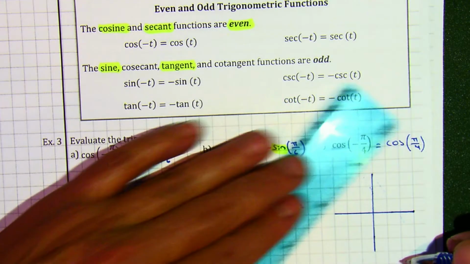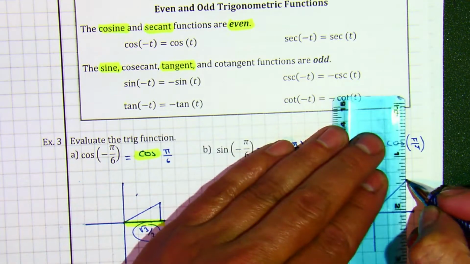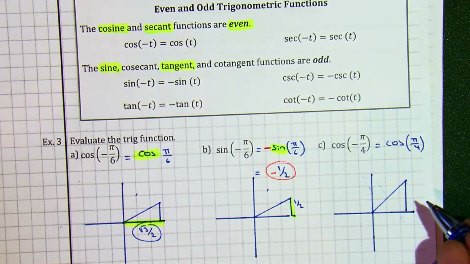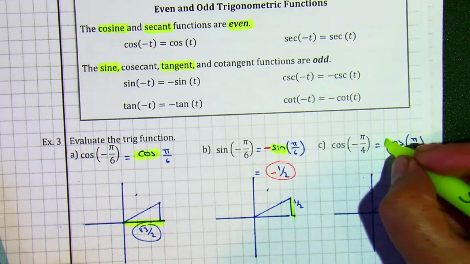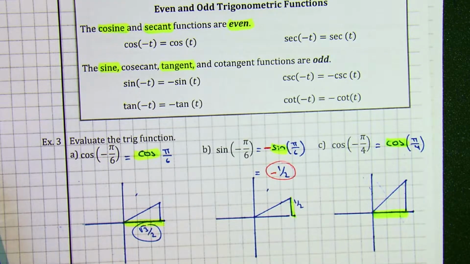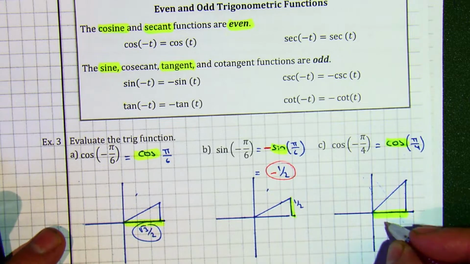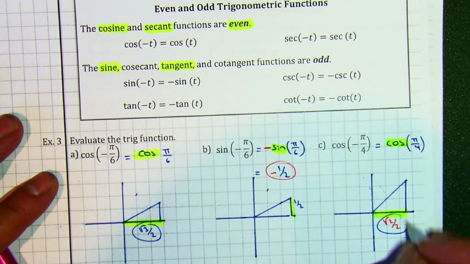Cosine of pi over 4. Pi over 4 is my 45-degree angle, my halfway mark. And cosine is my x or my y value? Cosine is my x value. And my x value is the square root of 2 over 2. And therefore, it'll be exactly the same.